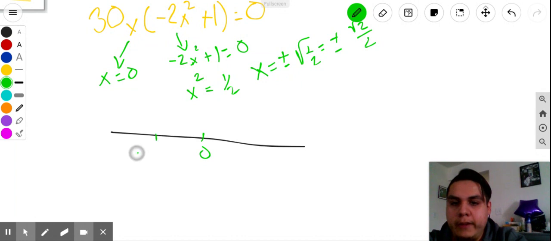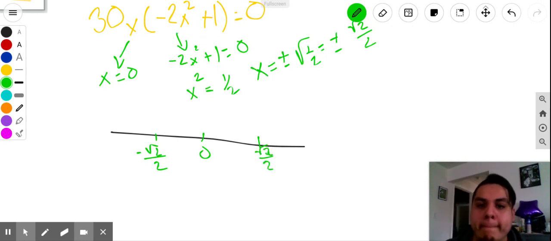I have negative radical 2 over 2, and I have positive radical 2 over 2. Cool. And I also have my derivative, which is right up there in the yellow. So I need to do some testing.